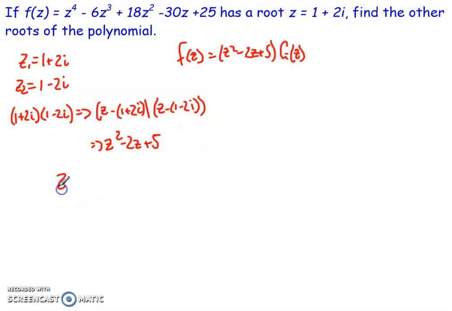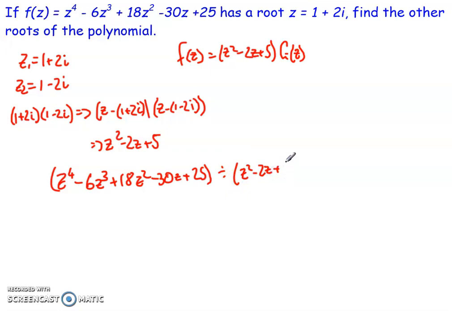We take the original equation, z to the power of 4 take away 6z cubed plus 18z squared minus 30z plus 25, and we divide it by z squared minus 2z plus 5 using algebraic long division.